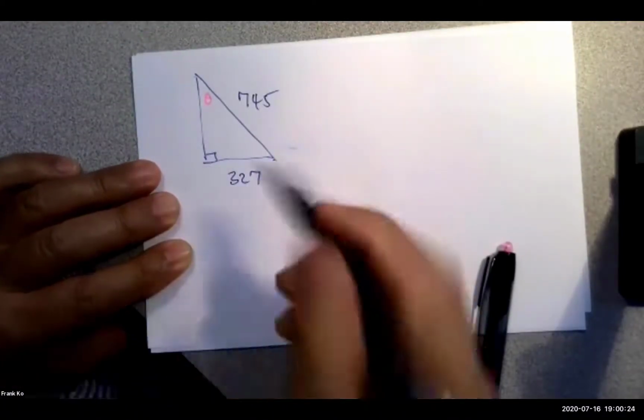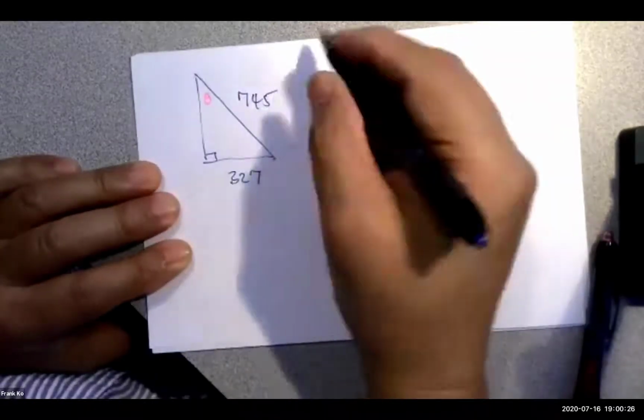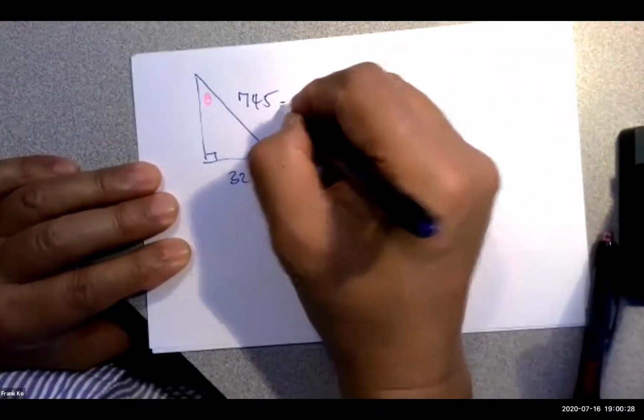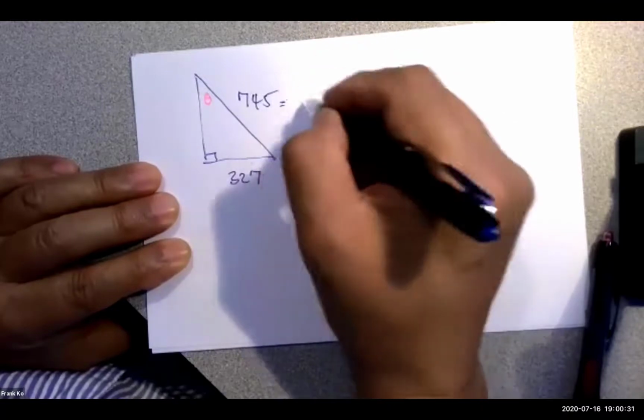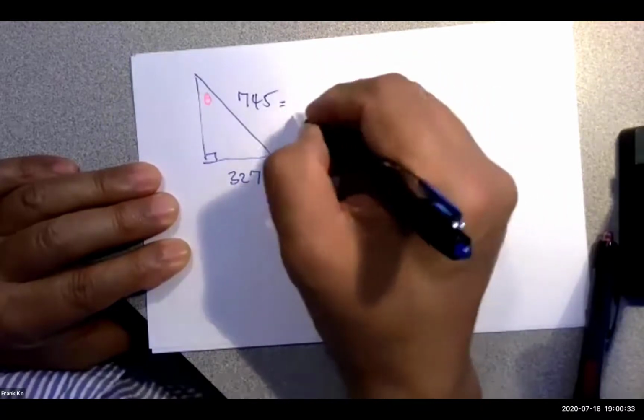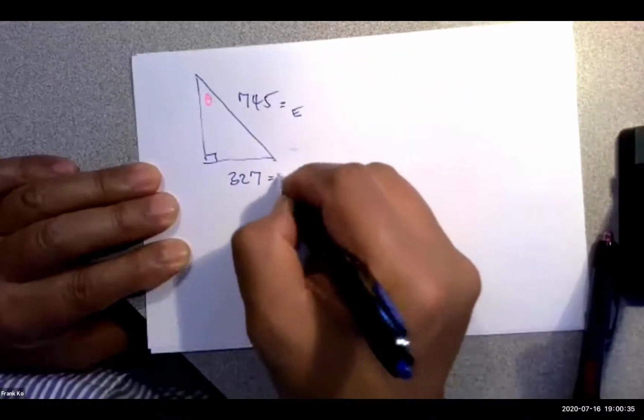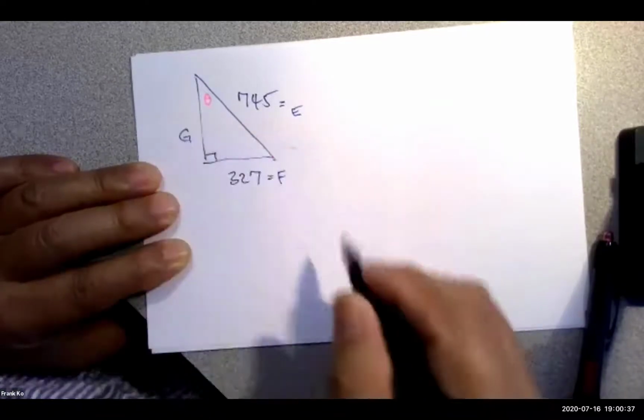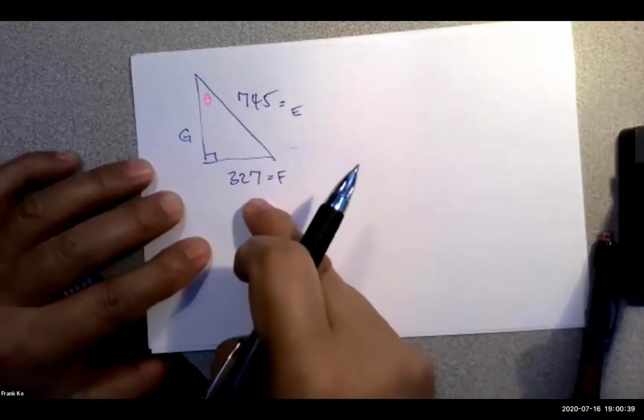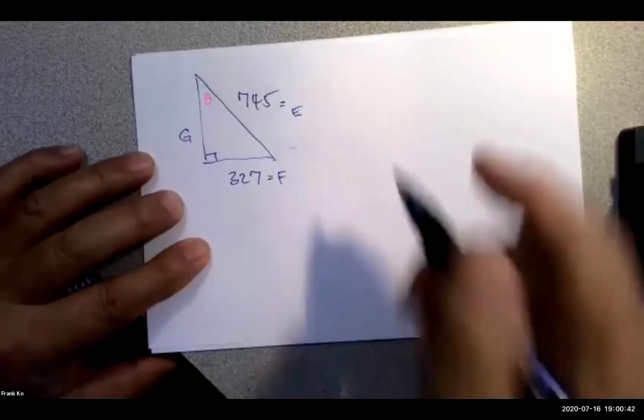Let's call this one E. Let's call this F, and let's call this G. So we have sides E, F, and G, and there's the angle of theta.